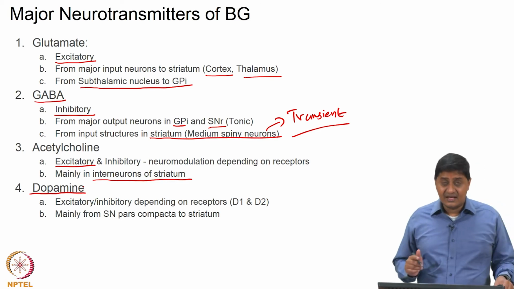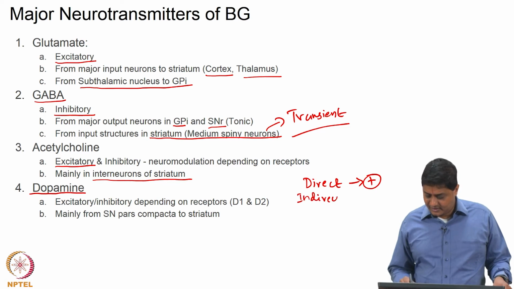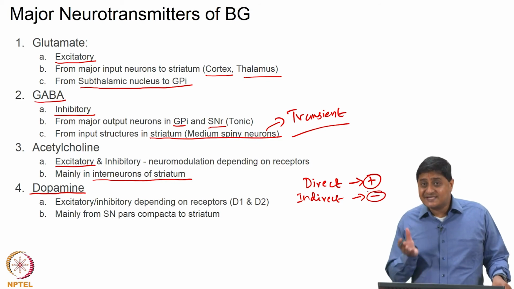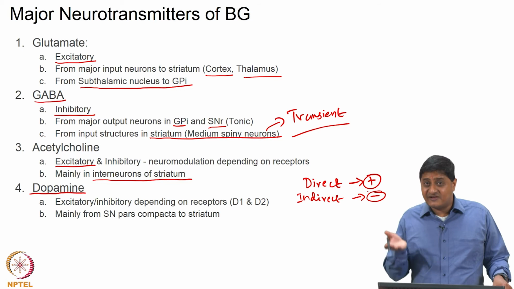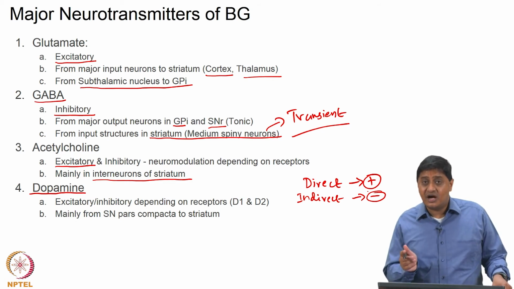Let us remember this. The direct pathway is by definition an excitatory pathway. The indirect pathway, on the other hand, is an inhibitory pathway. If you excite an excitatory pathway, the level of excitation goes up, but dopamine selectively inhibits the indirect pathway only. Inhibition of the indirect pathway means inhibition of inhibition, or disinhibition, or excitation.